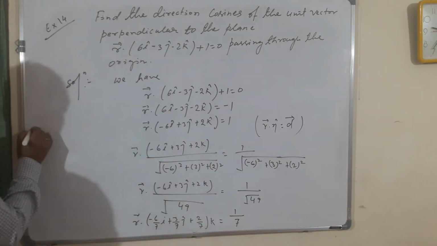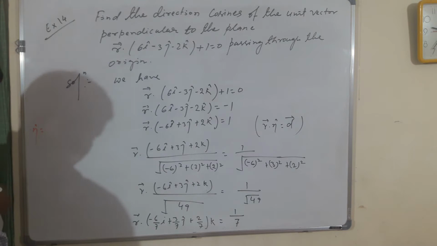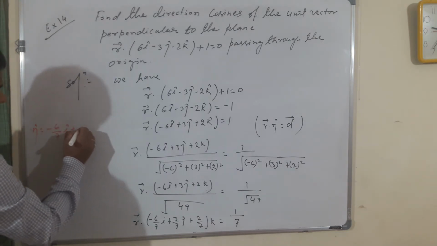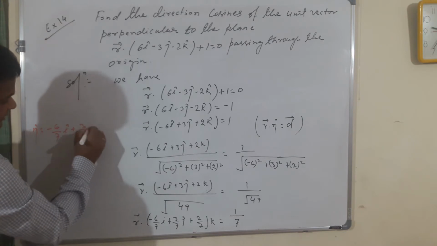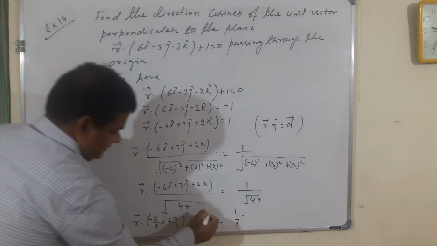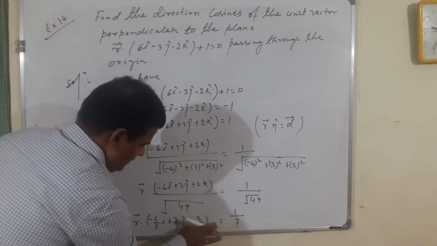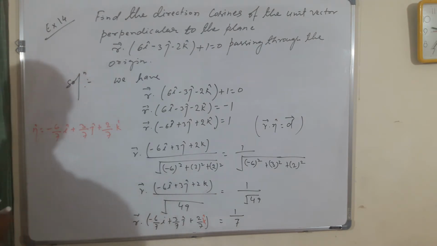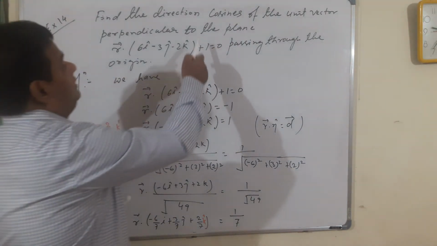Unit vector n is equal to minus 6 by 7 i, 3 by 7 j and 2 by 7 k.